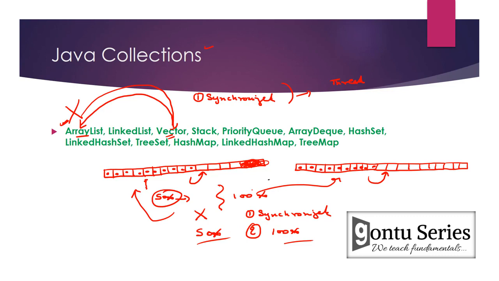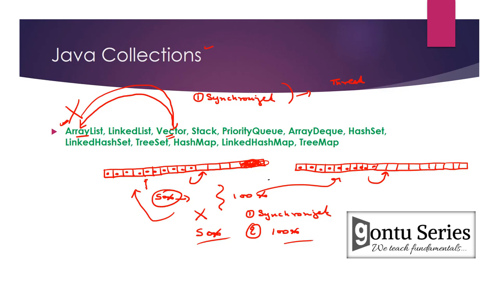Yeah, so these are the two significant differences between an array list and a vector. Apart from these two differences, there's not any important difference between an ArrayList and a vector. So wherever you are using ArrayList, you can make use of a vector class, and wherever you are using a vector class, you can make use of an ArrayList class, right?